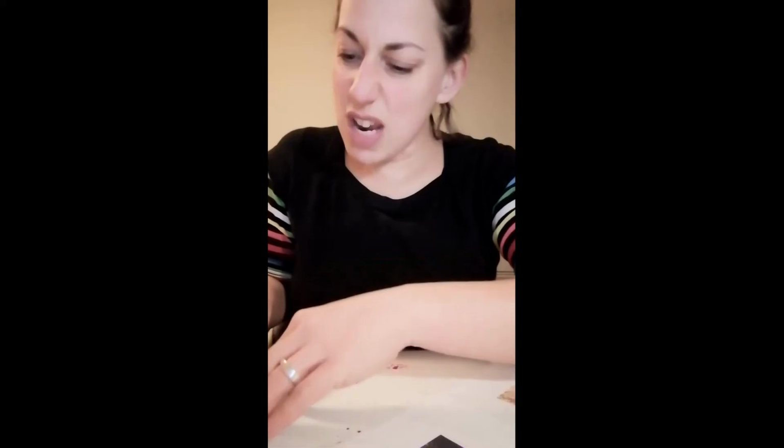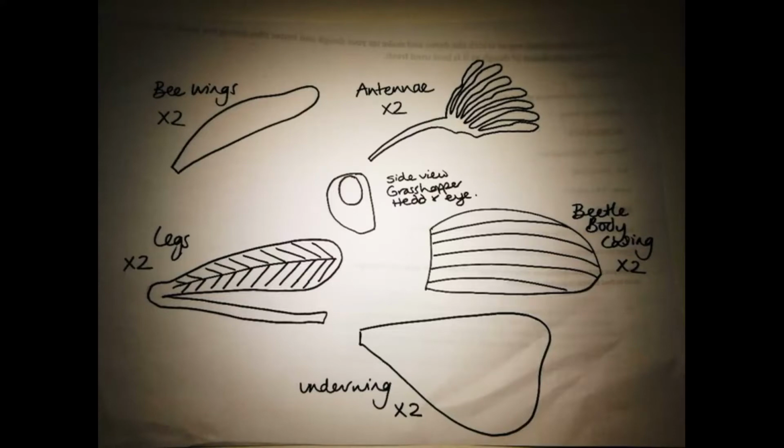So what I've done already, just to speed things up, is looked at these and I've just done a really rough sketch of some of the different shapes that I like of these insects. I like the wings of the bee. I like the legs of the grasshopper.